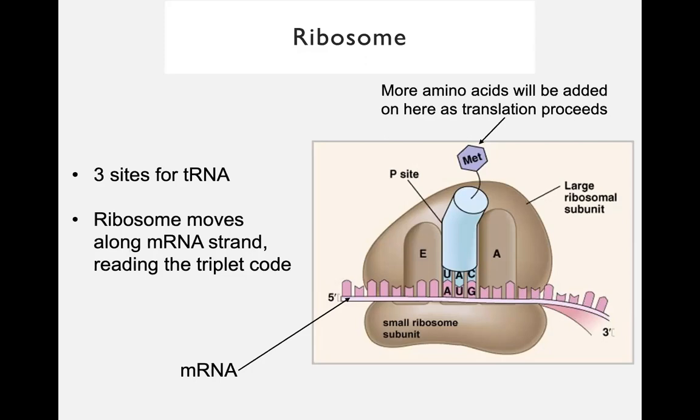Essentially what happens is, you can think of it 2 ways. You can think of the mRNA as being stationary, and the ribosome moves along the mRNA, or you can think of it this way: the mRNA is moving through the ribosome and being pulled along, exposing 3 of these nitrogenous bases at a time, so 1 codon at a time.